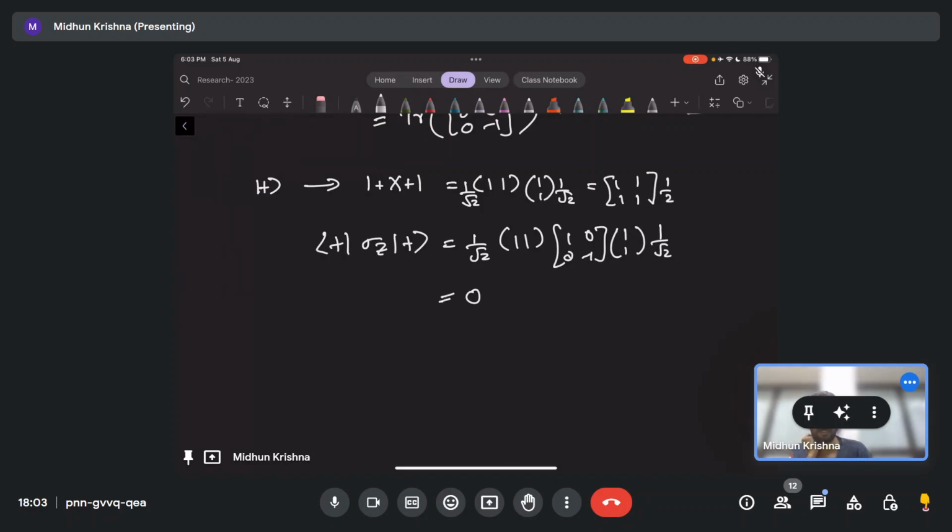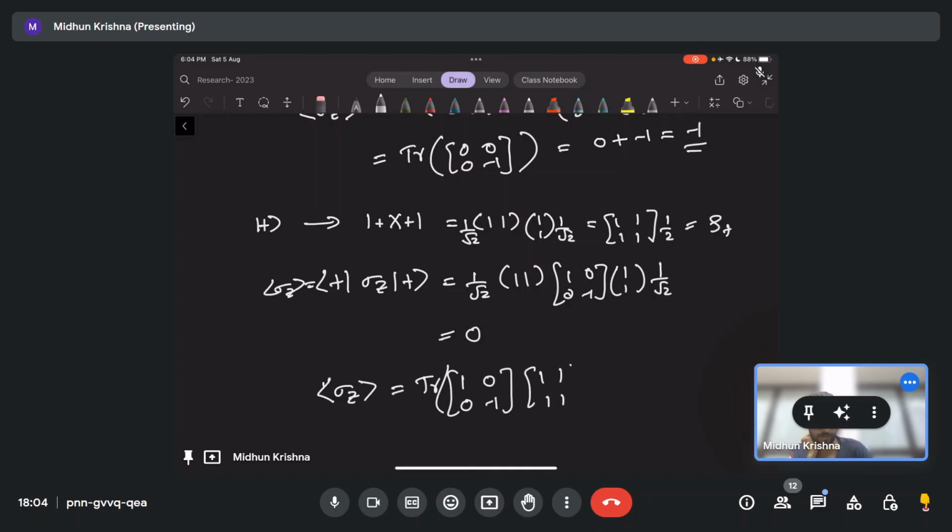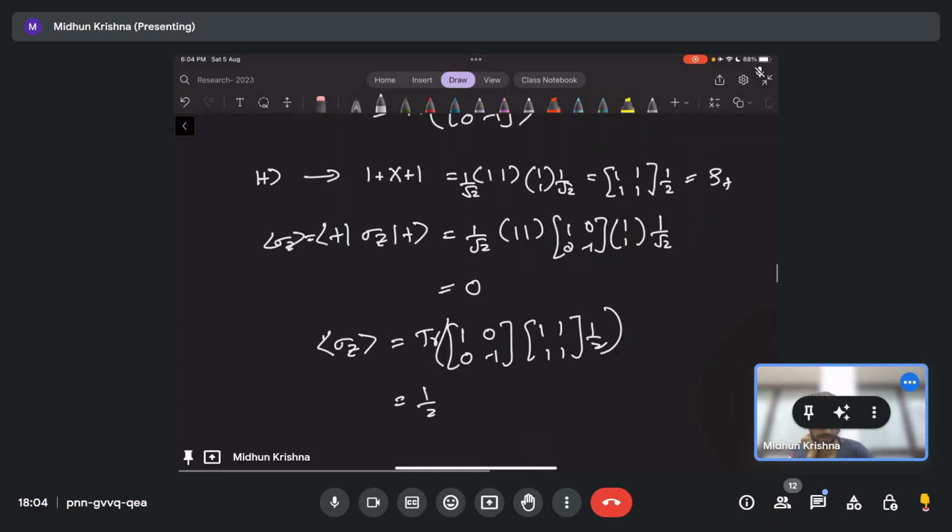So this is rho plus. So if I did sigma z, I can also do the trace of sigma z, which is 1, 0, 0, minus 1, times 1, 1, 1, 1 with a 1 by 2 here. So 1 by 2 will come out.